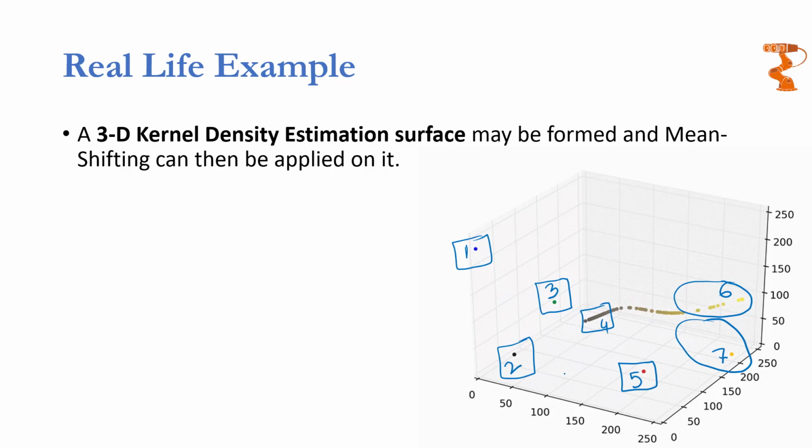So what if we label all these pixels corresponding to peak number 1 with this value, all the pixels corresponding to peak number 2 with this value, all the pixels corresponding to peak number 3 with this value, and similarly all the pixels corresponding to their peak value with the value of these peaks.